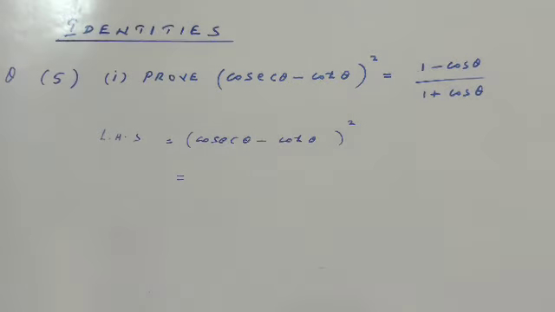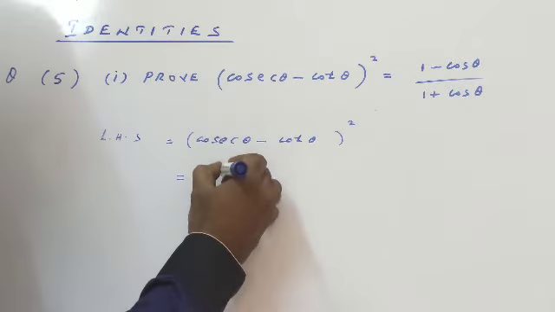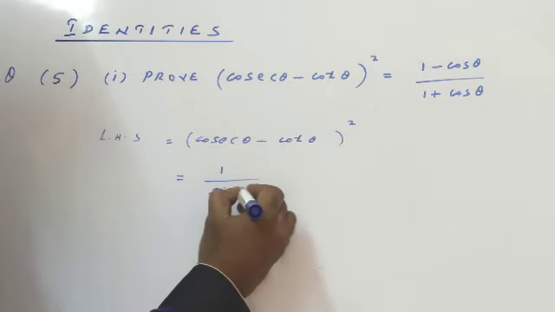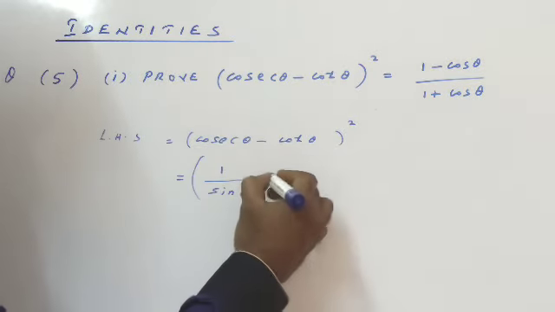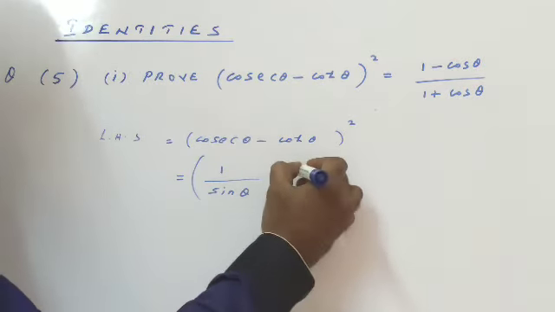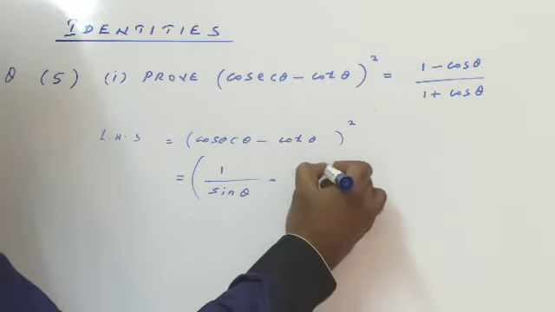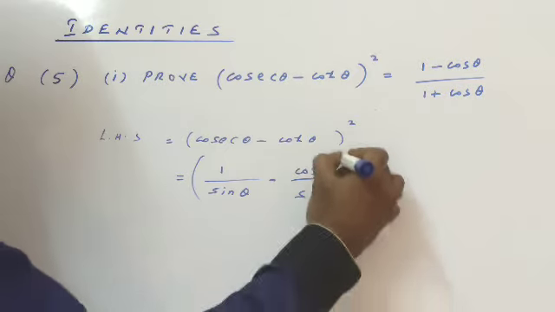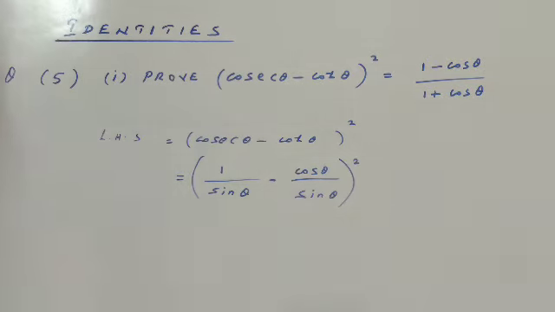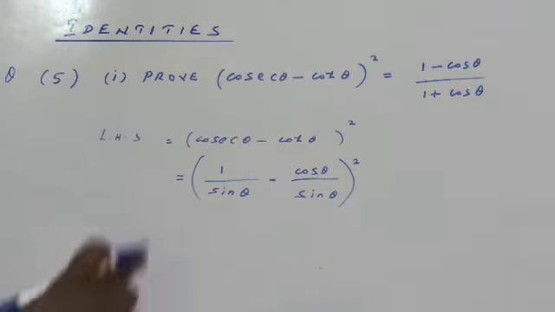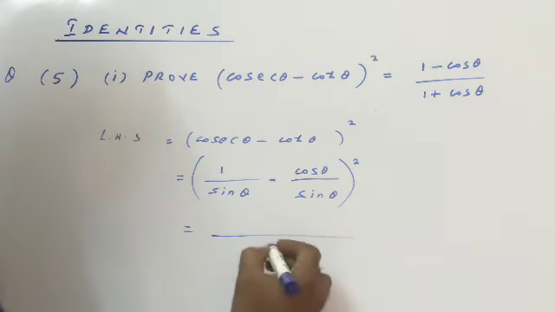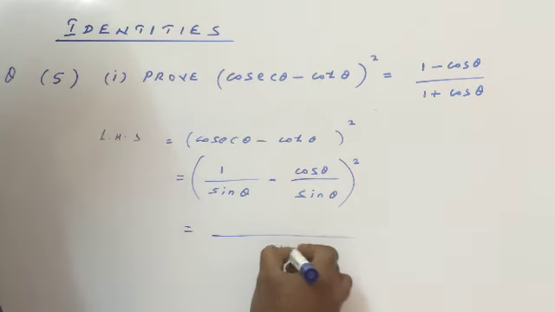From the identities, we know that cosecant theta is 1 by sin theta. So you can write 1 by sin theta for cosecant theta, minus cot theta, that is cos theta by sin theta. Now the denominator is common for both terms, so you can take sin theta as common.